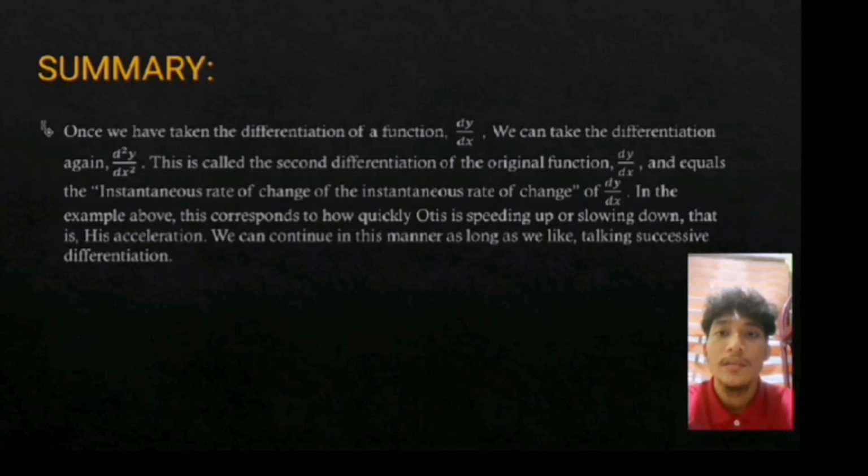In the example above, this corresponds to how quickly Otis is speeding up or slowing down. That is his acceleration. We can continue in this manner as long as we like, taking successive differentiations. That's all from us. Thank you.